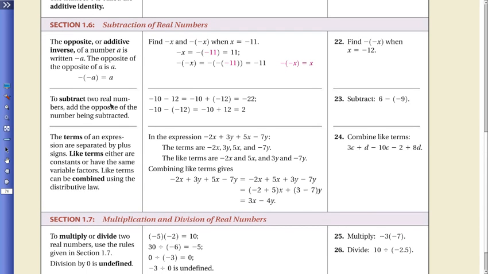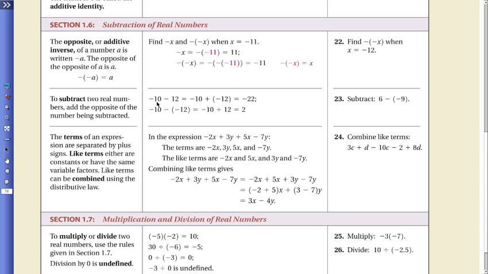When we subtract two real numbers, we add the opposite of the number being subtracted. In other words, they're giving a way to get rid of subtraction. I can change everything to an addition, which has huge advantages because now I can use the commutative property and the associative property by changing subtractions to addition.